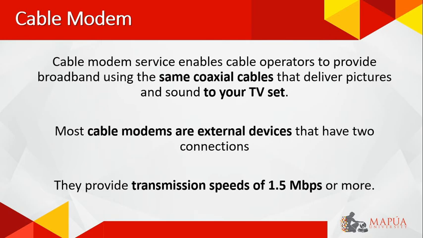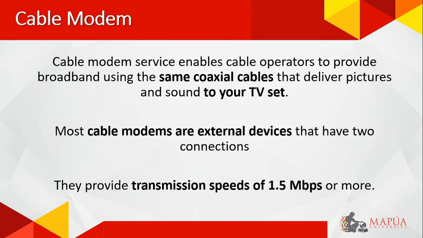Cable modem service enables cable operators to provide broadband using the same coaxial cables that deliver pictures and sound to your TV sets. Most cable modems are external devices that have two connections. They provide transmission speeds of 1.5 Mbps or more.